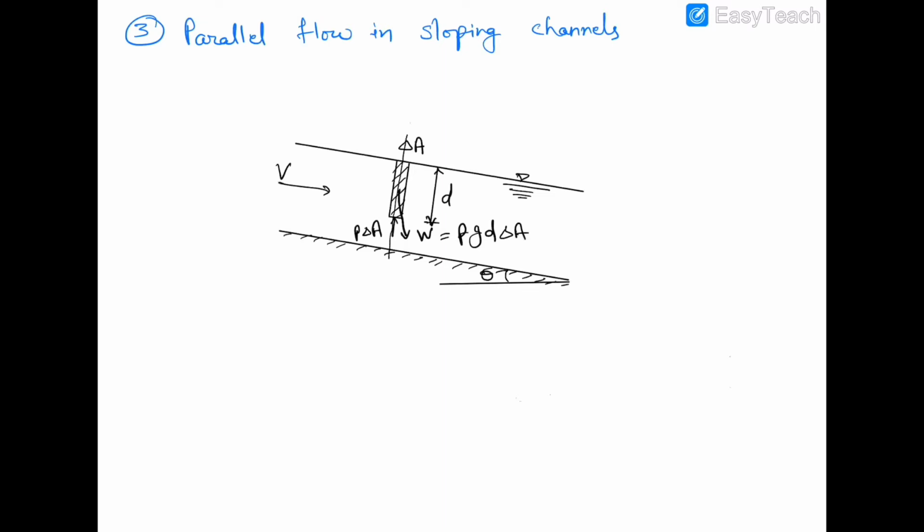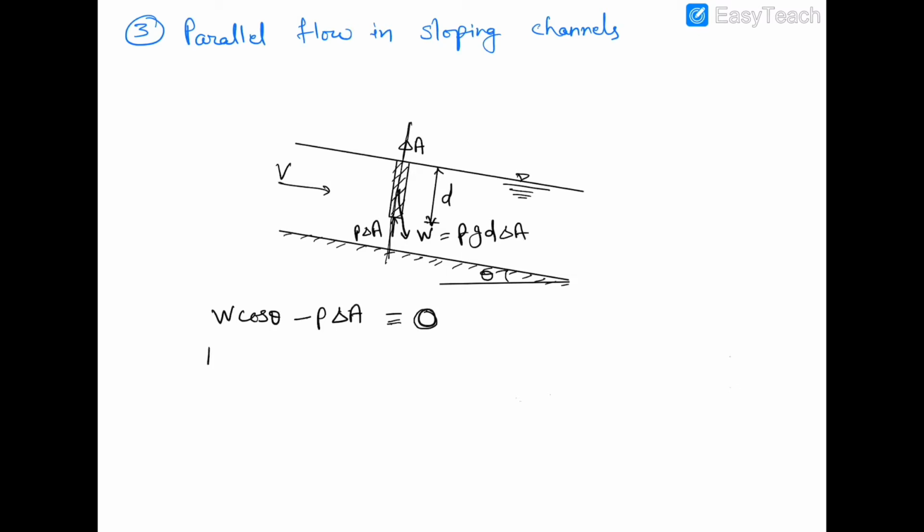Now resolve the forces in this direction, perpendicular to the bed of the channel. So that will be W cos theta minus P into delta A is equal to 0. Why is it 0? Because there is no movement in the direction perpendicular to the bed of flow.